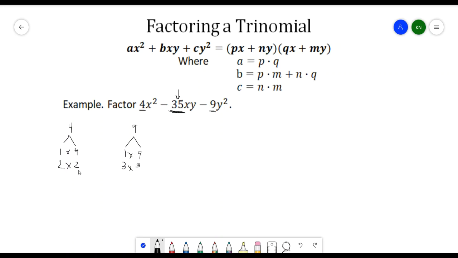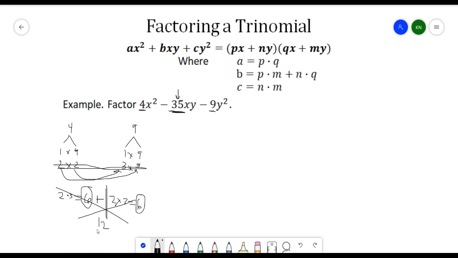So let's see, when we multiply 2 times 3 and 2 times 3, 2 times 3 is equivalent to 6, plus 2 times 3 is equivalent to 6. Now, if you add this one and this one, this will result in 12. So meaning to say this factor is not usable, because this does not result in 35.